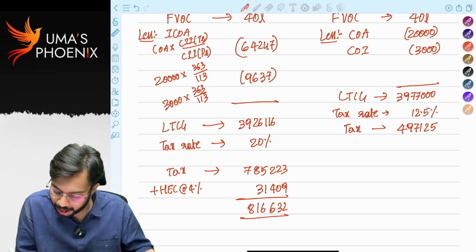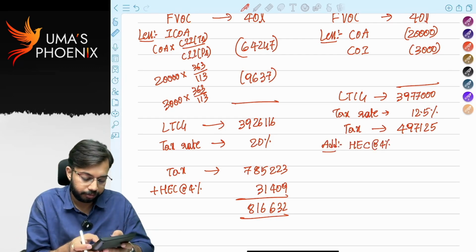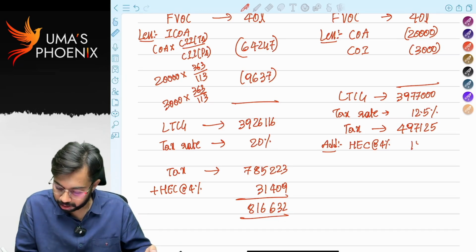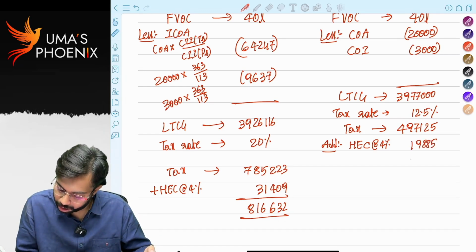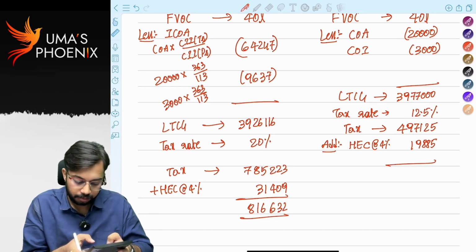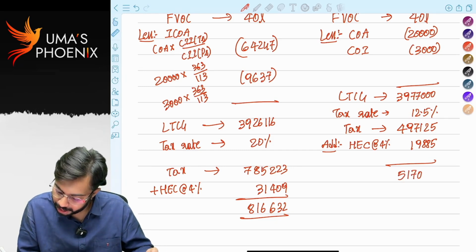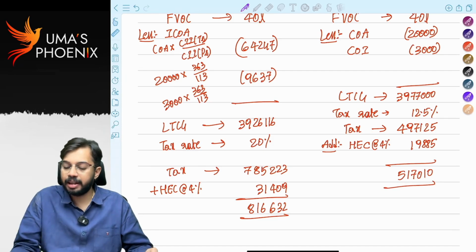To this we need to add HEC. HEC at the rate of 4%. How much will it be? 19,885. So how much is tax liability? 5,17,010 rupees.